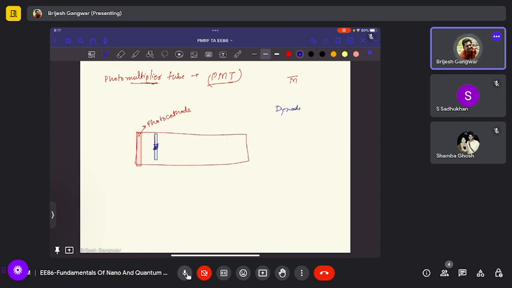I also do not know the exact meaning of this dynode or anode.